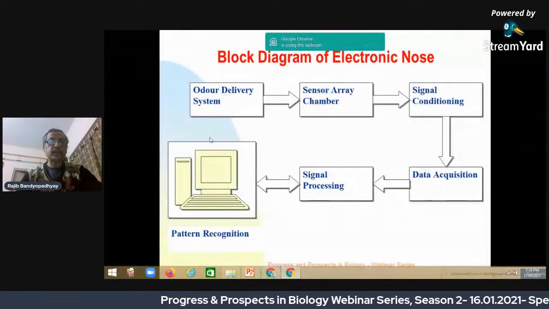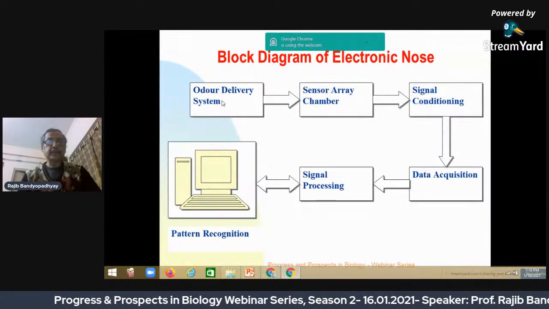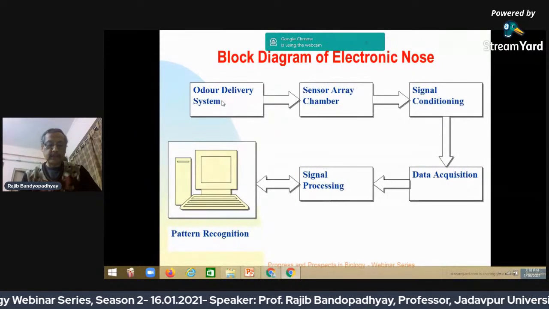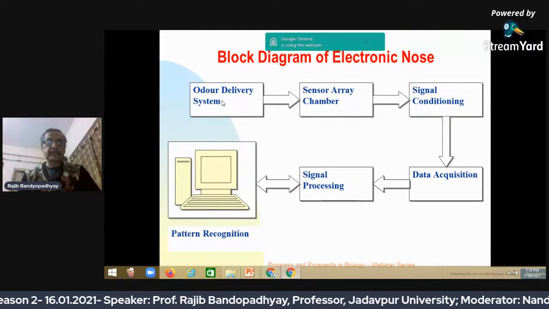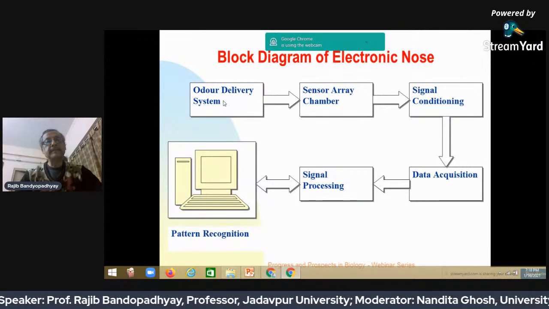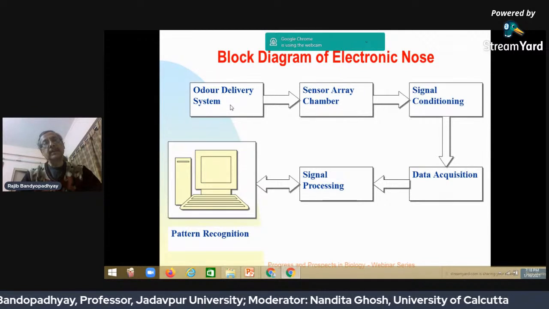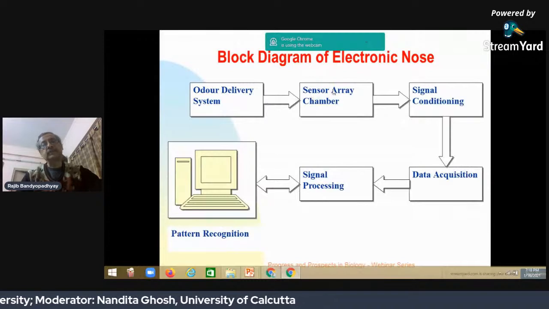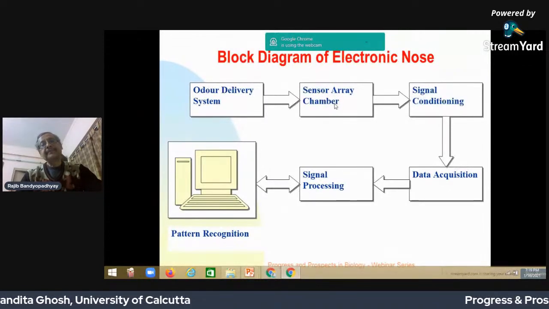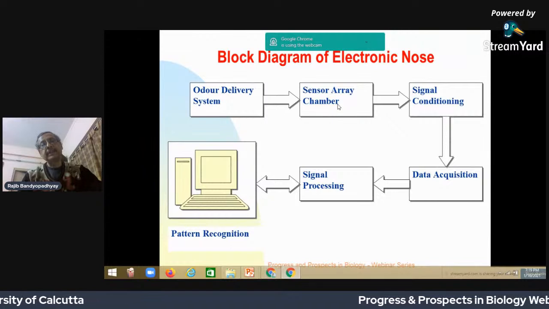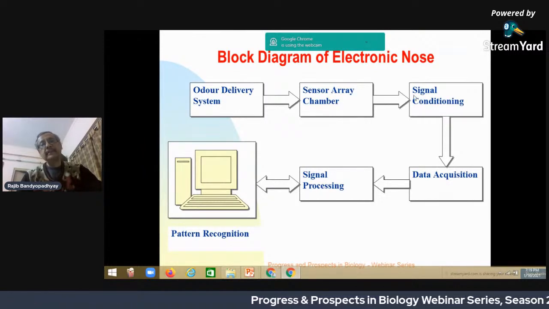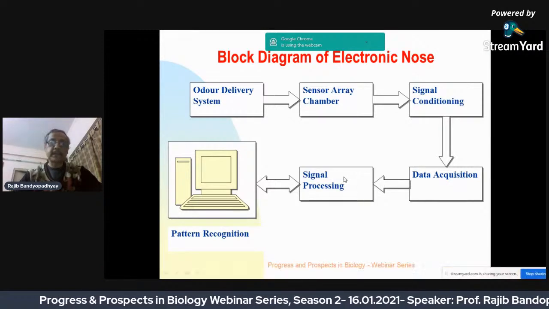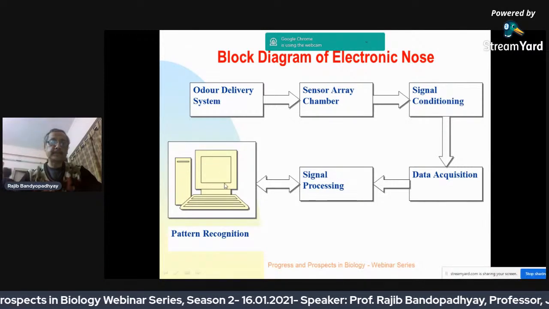For that, there is an odor delivery system, just like our human nose when we sniff an odor. In the electronic nose, we have a pump, which is responsible for delivering the odorant molecules to the sensor array. Then the sensor array responds and gives some electrical signal, which is conditioned, and data acquisition takes place. After that, the signal is processed, and then we have pattern recognition.